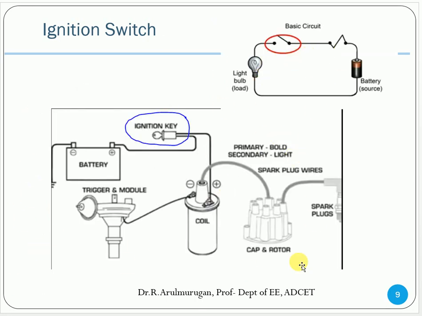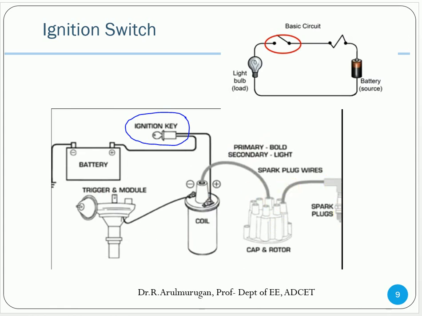And in the car, how about the other components? The main source is the battery, connected to the ignition switch, then to the ignition coil. The ignition coil is connected to the contact breaker, and an energy storage element, the capacitor, is connected here. From the ignition coil it is connected to the distributor, and the distributor to the spark plug.